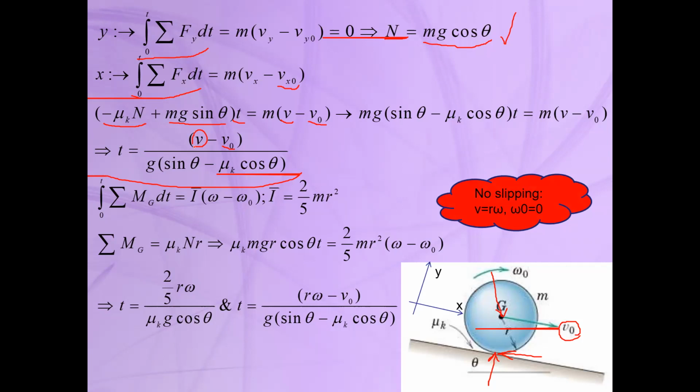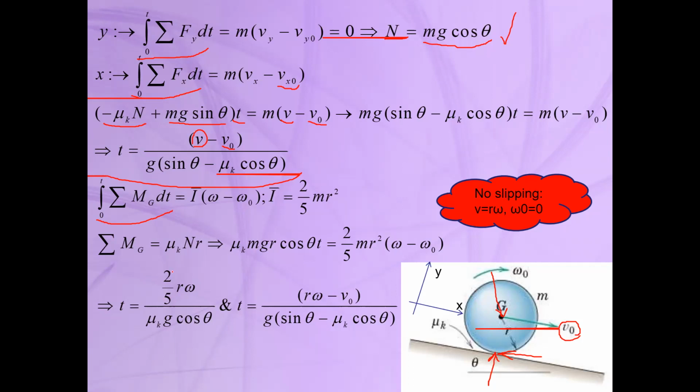So we know that we can write the impulse momentum and angular momentum equation about the mass center. When you write the impulse of angular momentum about the mass center g, it's equal to mu k times n times r, because the weight is located on the mass center and the normal force passes through the mass center. So these two forces don't have any moment.